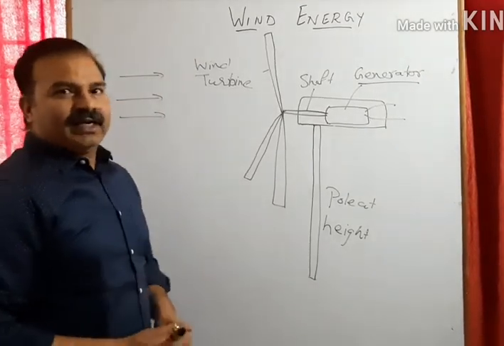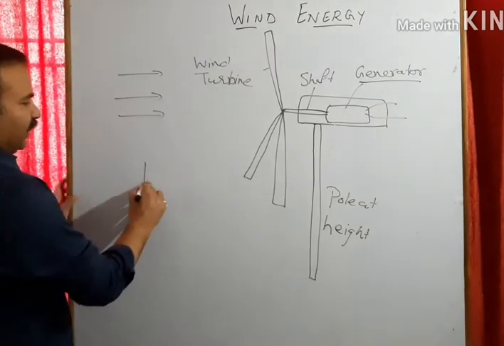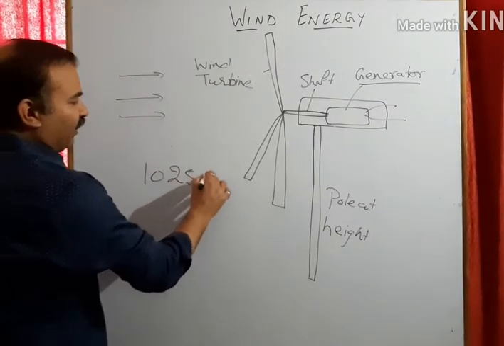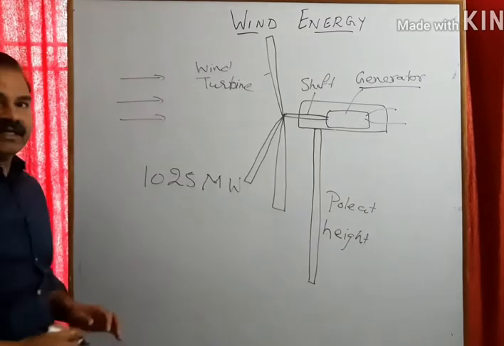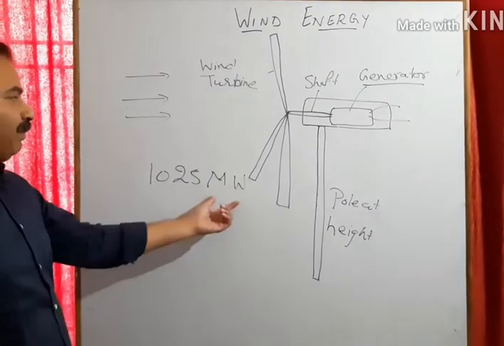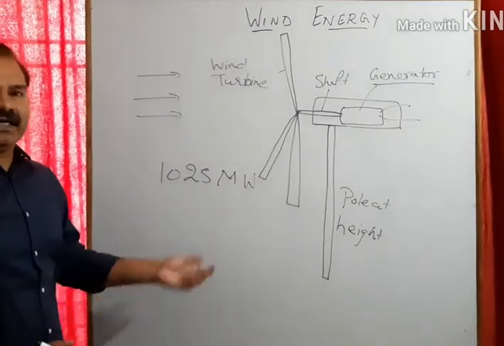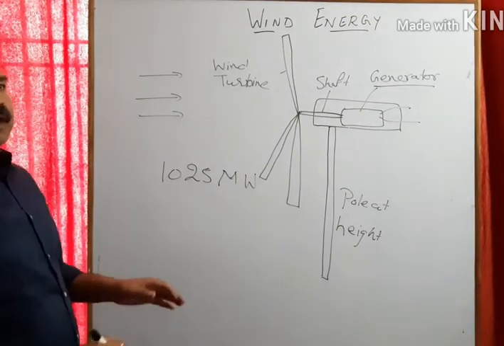Now, in India, till present, 1025 megawatt of electricity is produced. This is the power.